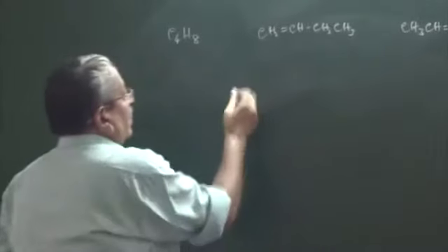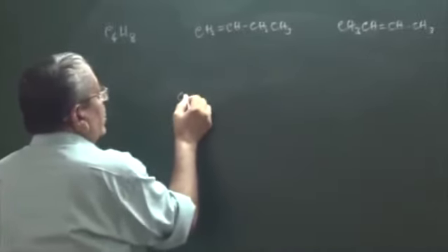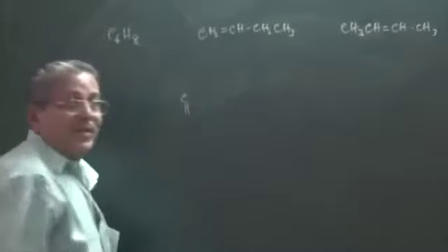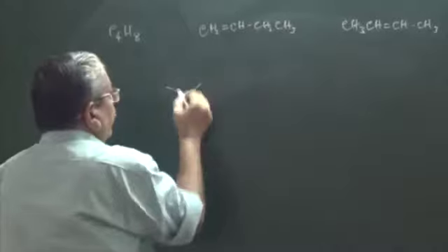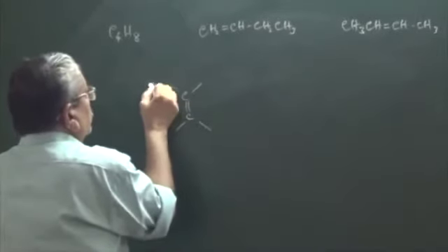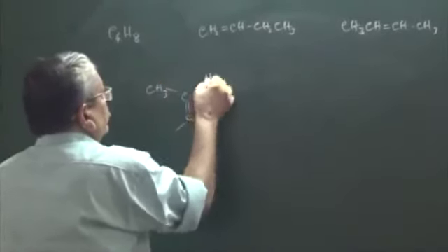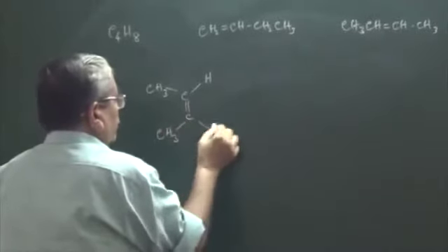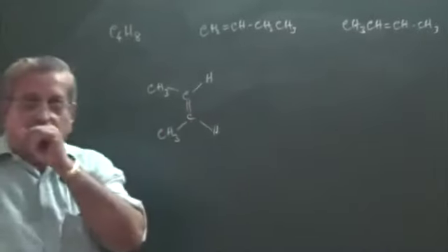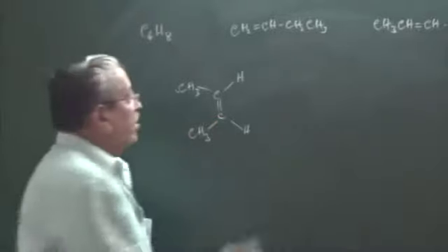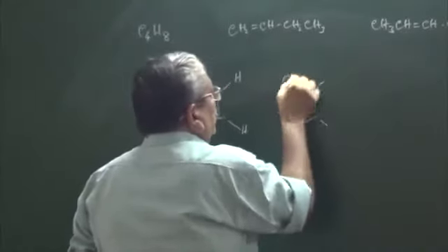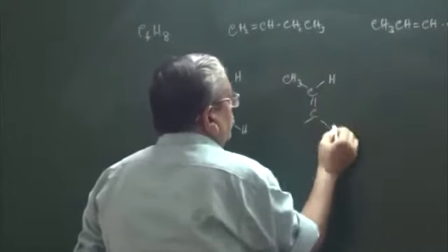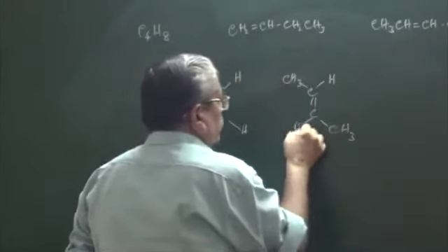So in 2-butene, which has a double bond, we have the following forms. One is CH3, H, CH3, H on C double bond C. Another form is C double bond C with CH3, H, CH3, H arranged differently.